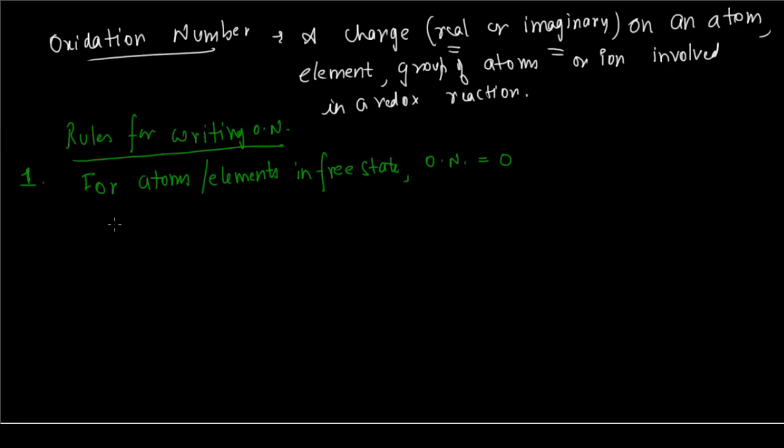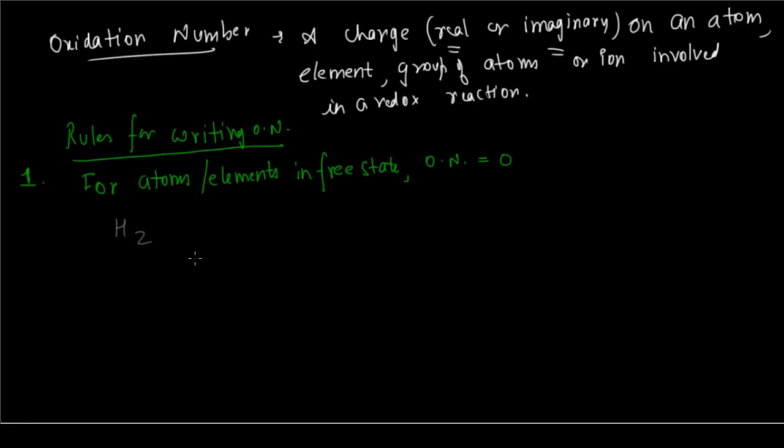For example, hydrogen, H2, hydrogen molecule, not atom, it can't exist in atomic form in nature. So H2, which is the free state of hydrogen gas, in this H2 molecule, the oxidation number of hydrogen, please remember we calculate oxidation number or oxidation state per atom, right?